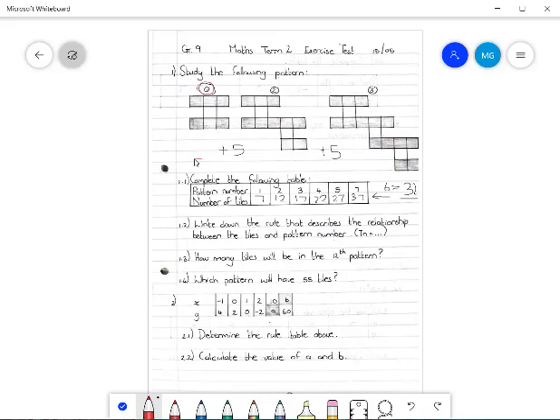So I'm going to say 5, that's how many we add each time, times 1 gives you obviously 5. Now how do I go from 5 to 7? Because that is the number of tiles that I have at the first term. What do I add or subtract to go from 5 to 7? You add 2, right? Because 5 plus 2 will give you 7.